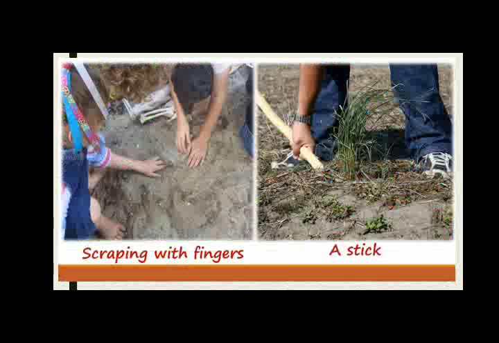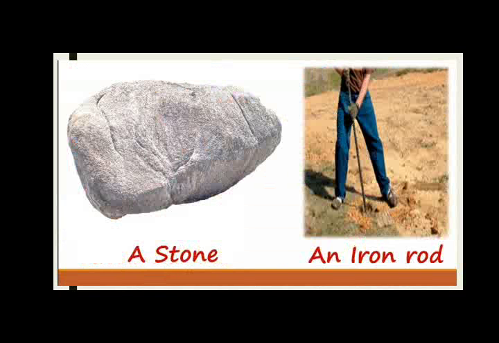If that did not work, you might try to dig it out with a twig or stick. If that too did not work, you would have to look for a pointed stone. That should do the job. But if it still doesn't, then you would have to get an iron rod to dig that shiny object out.